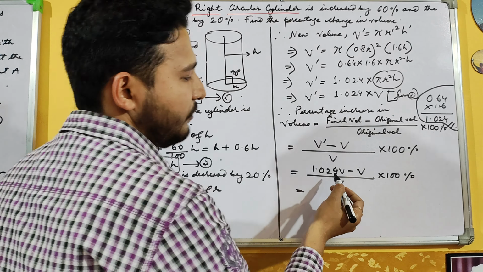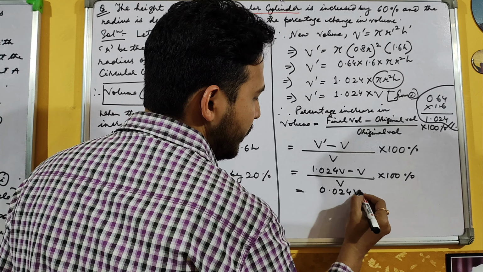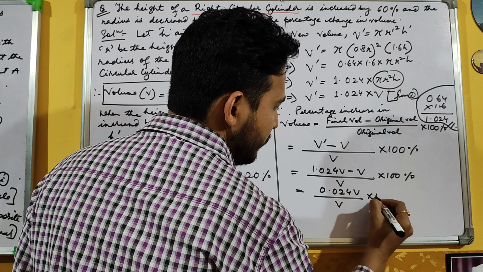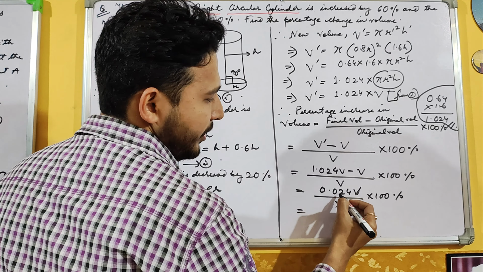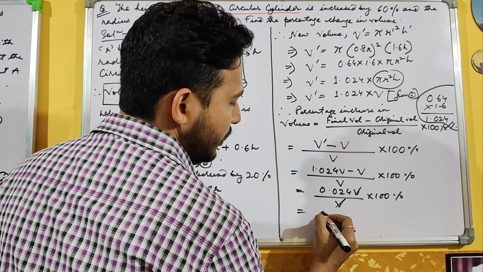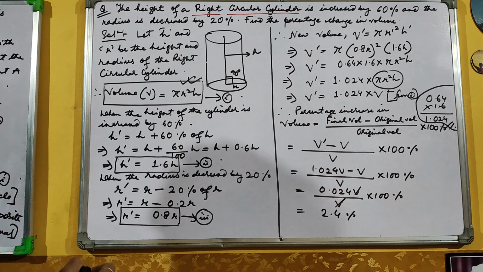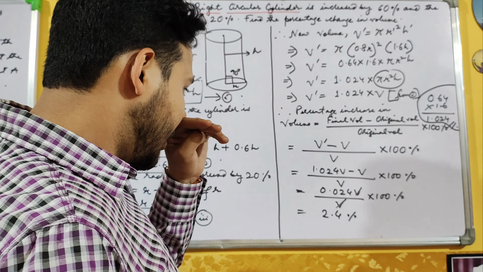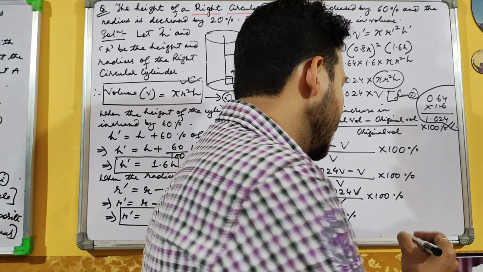So 1.024 V minus V is nothing but 0.024 V by V into 100%. So V cancels. So 0.024 into 100 will give you 2.4%. So the new volume got increased by 2.4%. So that's the final answer.